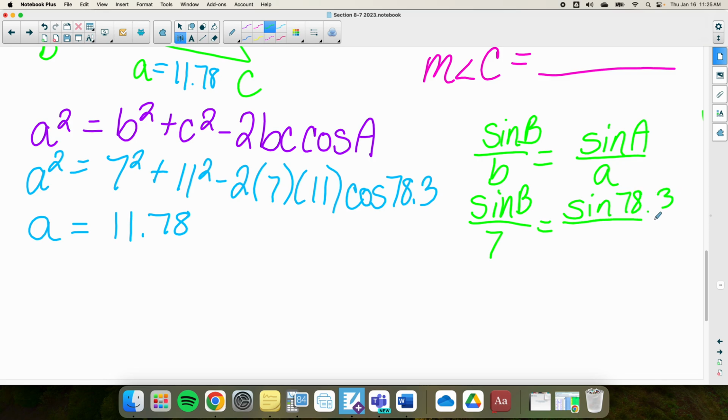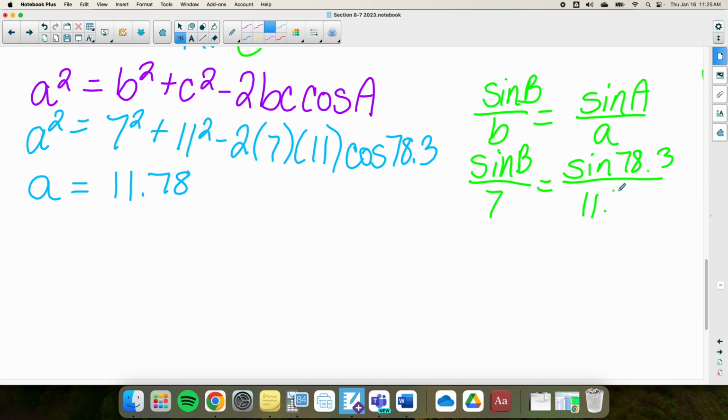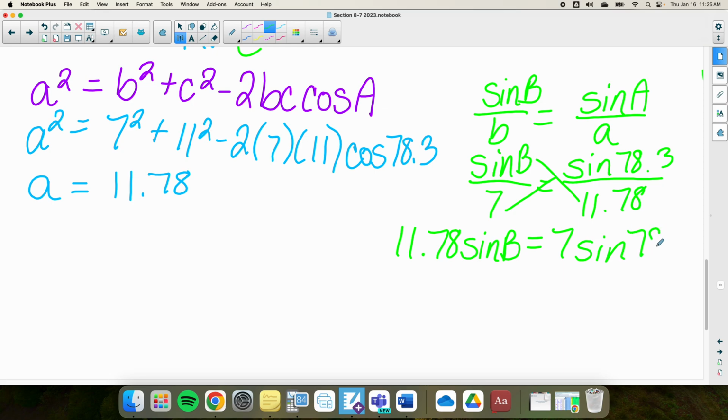And little a is 11.78. Okay? And then you're going to do cross products. So we multiply this, and I get 11.78 sine of B equals 7 times sine of 78.3. Now to solve this, I have to divide by 11.78.